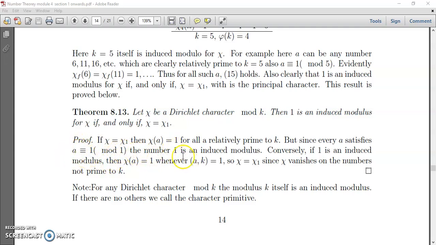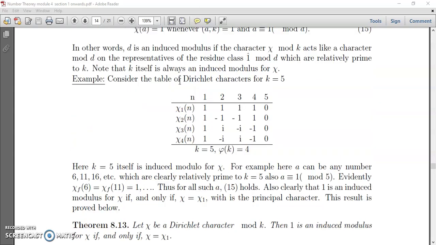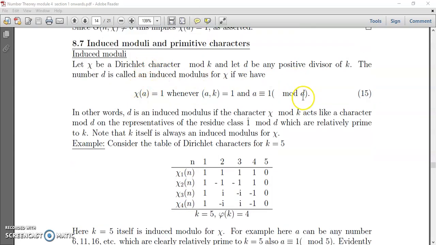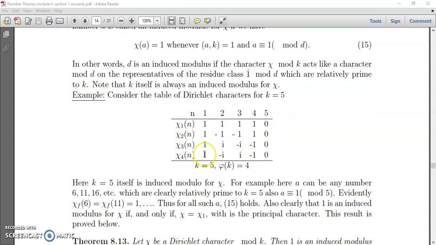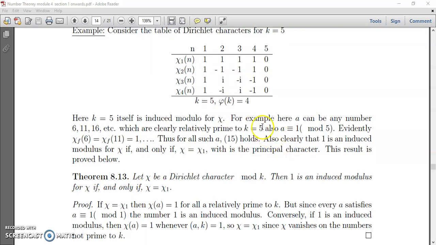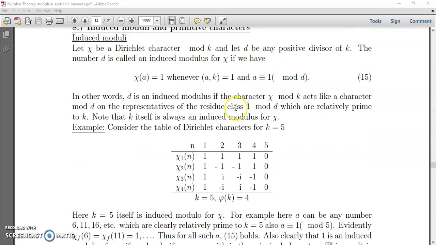Then the number 1 is an induced modulus because it satisfies this condition. So it is true for all a which satisfies these conditions. Chi of a is 1.